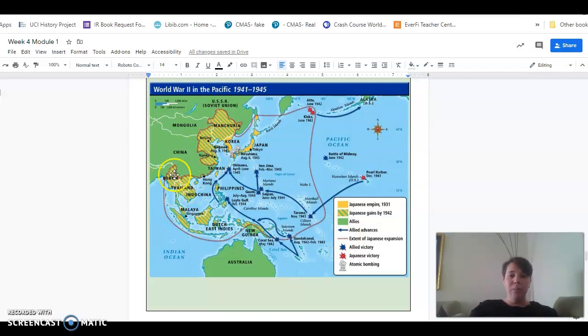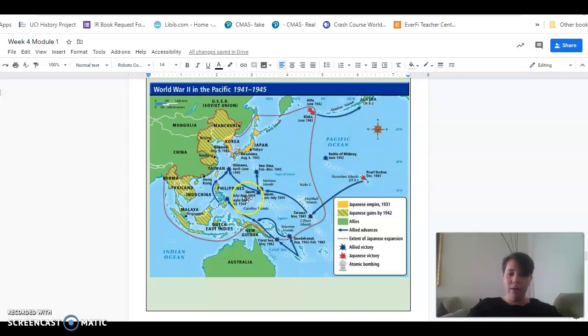We see Burma, Thailand, Indochina, Malaysia, the Dutch colonies, parts of New Guinea, the Philippines. Japan had gained huge amounts of territory in the Pacific, which very much concerned the United States because we are just on the other side of the Pacific Ocean here, as well as other European allies.